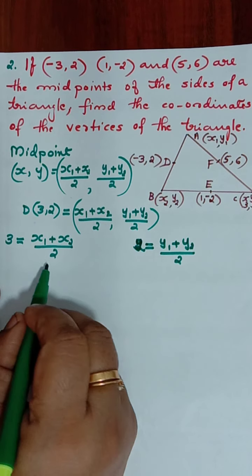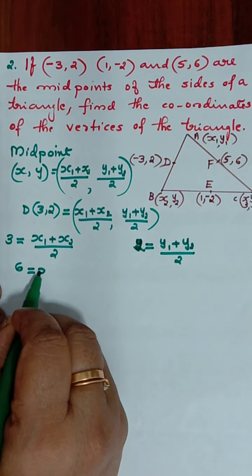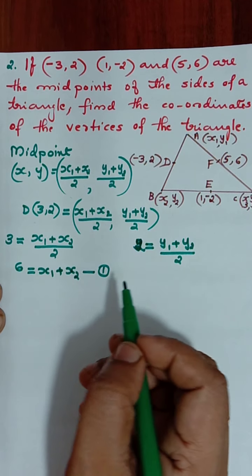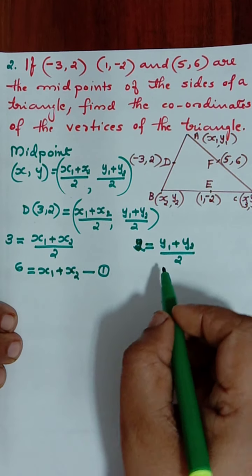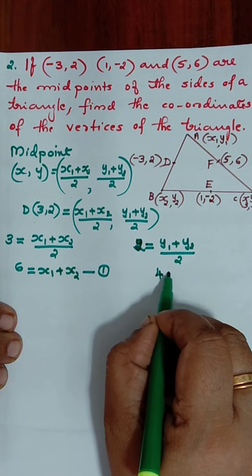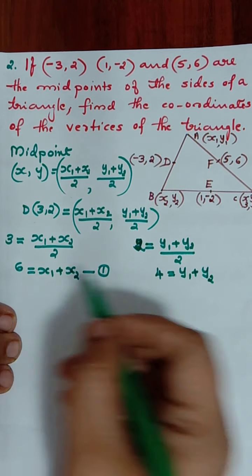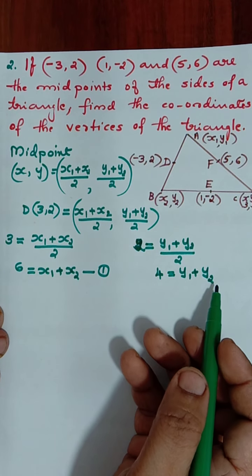We can simplify this: 3 2s are 6 is equal to x1 plus x2. Let us consider it as equation 1. Here 2 2s are 4, that is equal to y1 plus y2. Later we will mark the equation number for this.